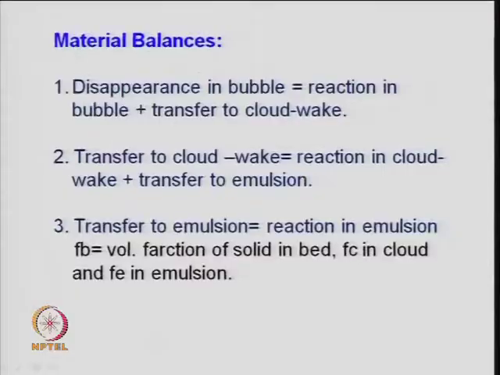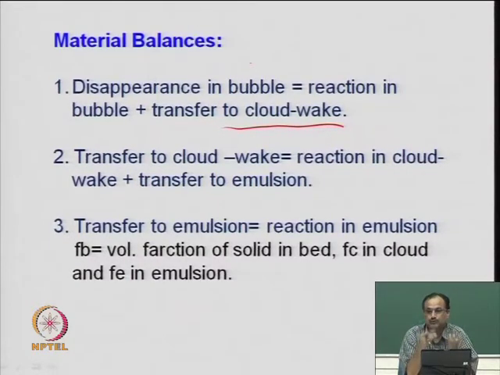So, it means the loss in the bubble phase for gas is equal to reaction in the bubble phase plus transfer to the cloud and wake phase, right. So, that is the material which has disappeared from the bubble phase, that has partly reacted, chemically transformed into the product, and partly it is transferred to the cloud and wake phase. So, that is the first step, right.